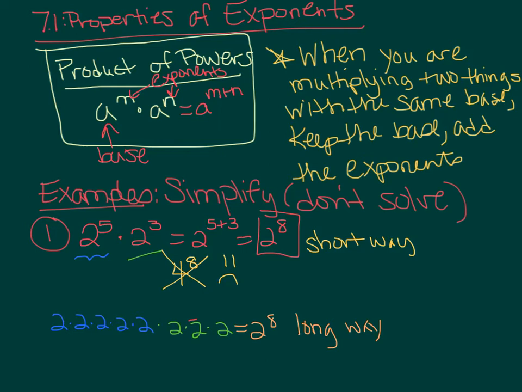So I'm going to give you a few more examples, and I'm going to ask you to try those on your own. By the way, you're still simplifying, you're not solving, and I'm actually going to give you a few that have variables, a few that don't have variables. It'll be good practice.